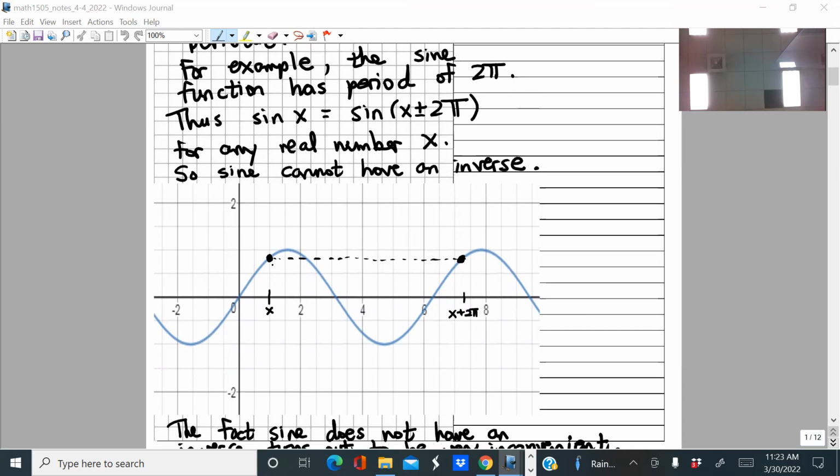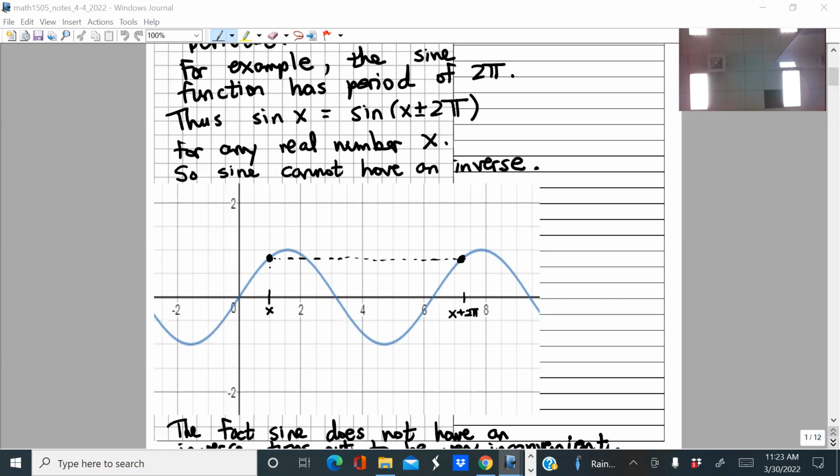At any point on the x-axis, if you add 2 pi to x, and compute sine of x and then sine of x plus 2 pi, you'll get the same y value, the same output value. So on this curve you have lots of points that have the same y coordinate, infinitely many, in fact. So the sine curve itself, just the way it was defined, will not have an inverse. It's not a one-to-one function.